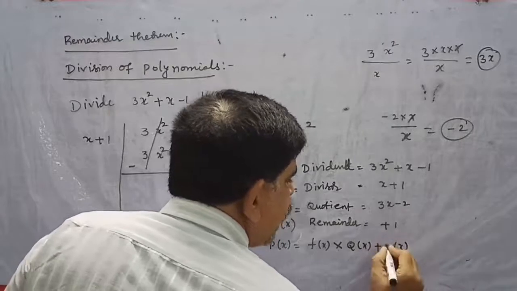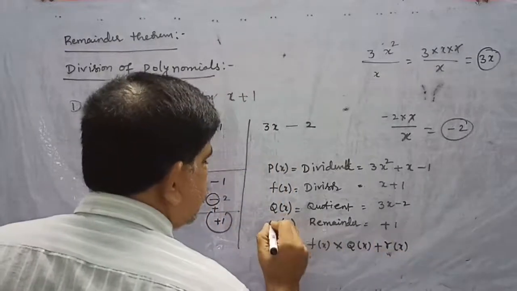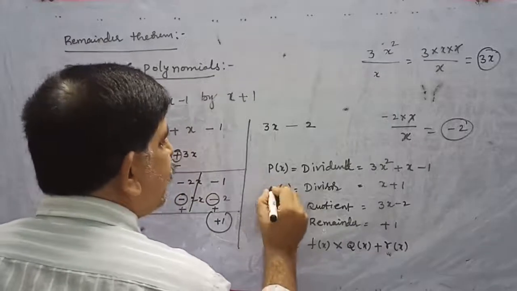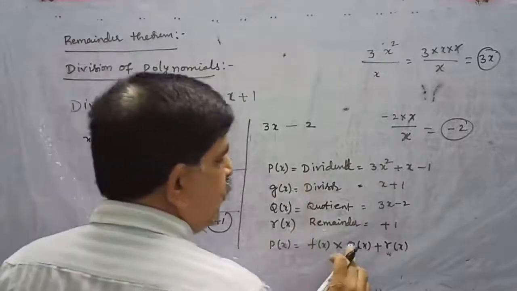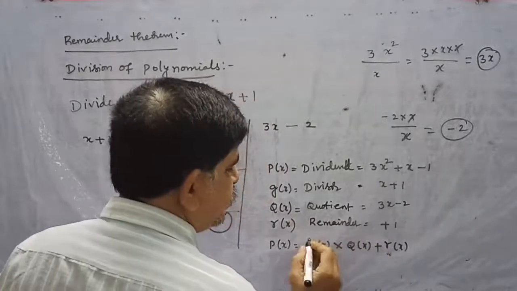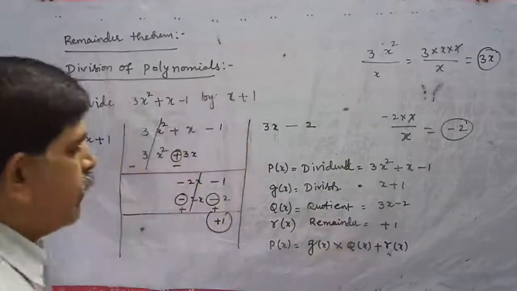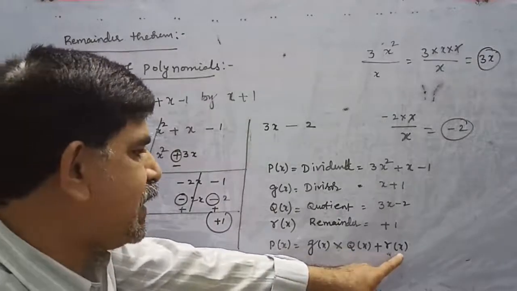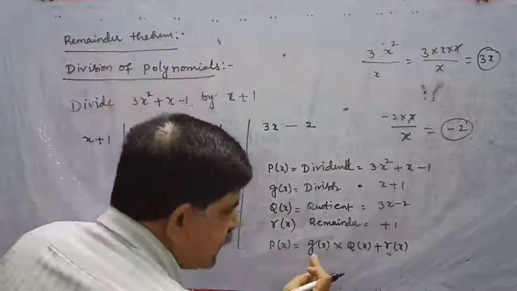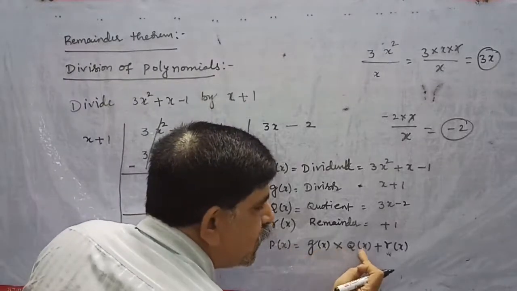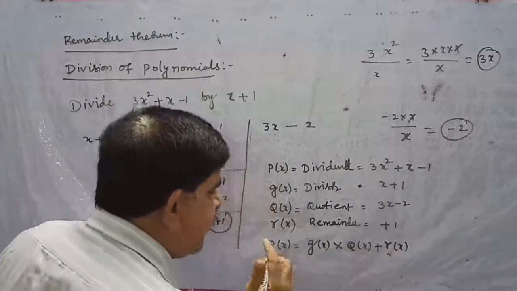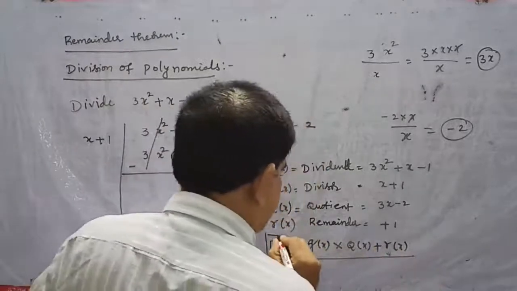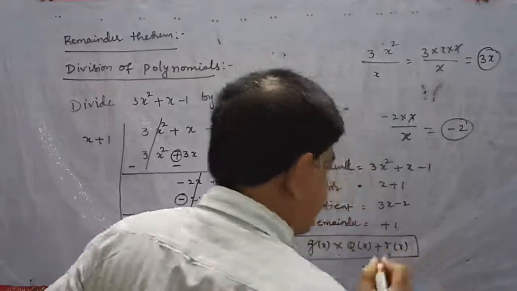Here you take small r of x, and the divisor we can also take as g of x. P of x is equal to g of x into q of x plus r of x. That means divisor into quotient plus remainder is equal to dividend. This is the division rule.